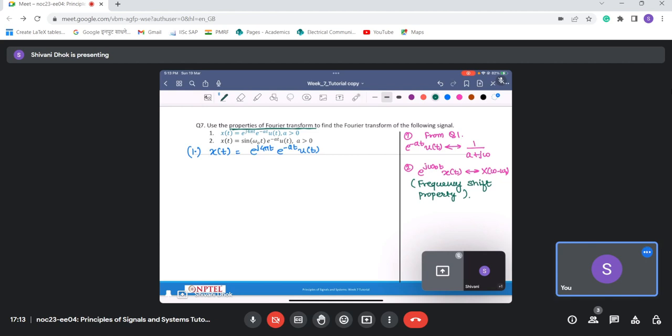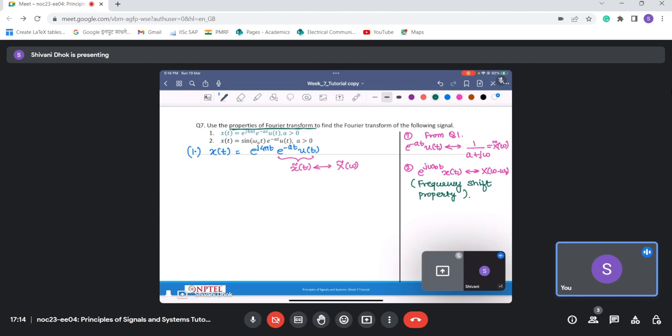Okay, so now this we know, the Fourier transform of this is known. So let's say this signal is x tilde of t, and let's say this has a Fourier transform of x tilde of omega.